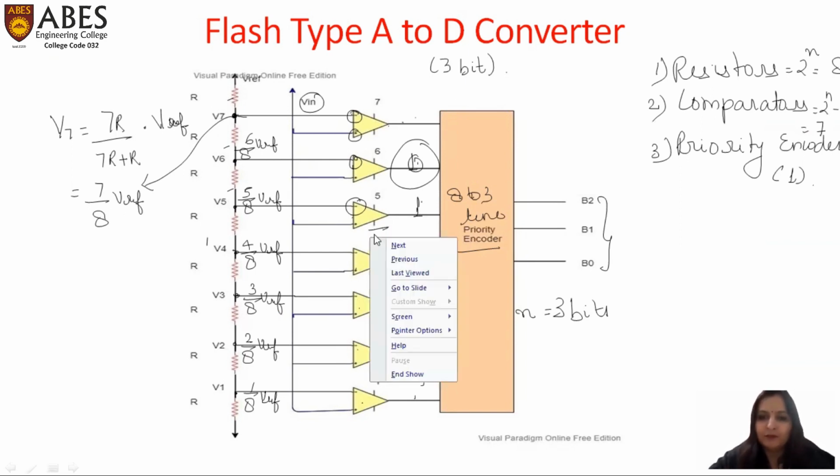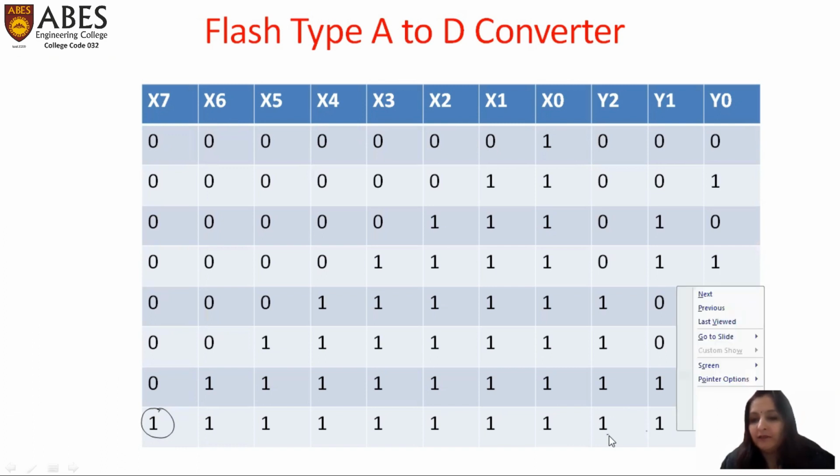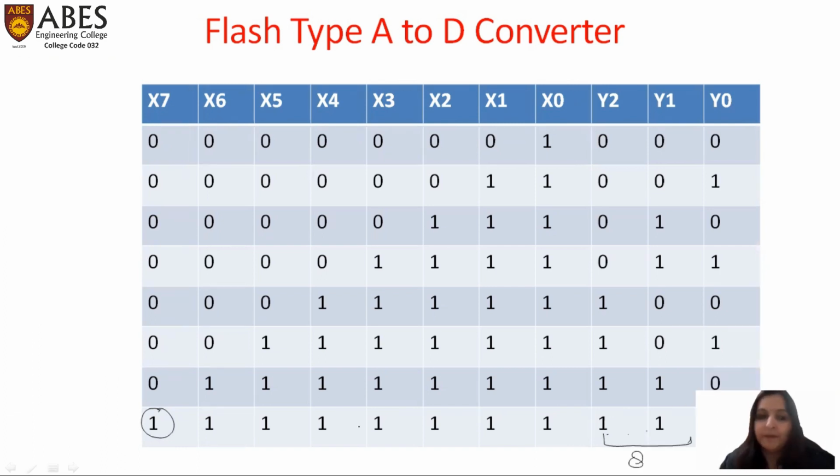So this table will be used here, which says that if the output of the 7th comparator is high, then we'll be taking the output as 1, 1, 1, which is the binary conversion of 8, right? Similarly, here we have given 1, 1, 0. This is the binary conversion of 7. And here comparator number 6 is at the higher value.